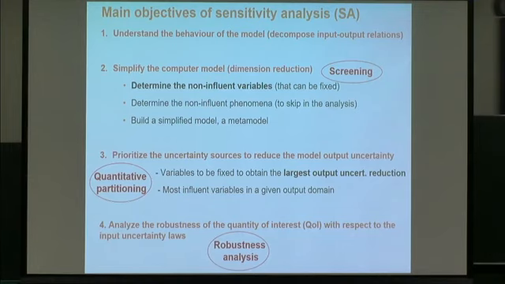Because sometimes the safety authorities say to us, okay, you do some things, but you are not sure about your probability density function, about what I call the input uncertainty laws.